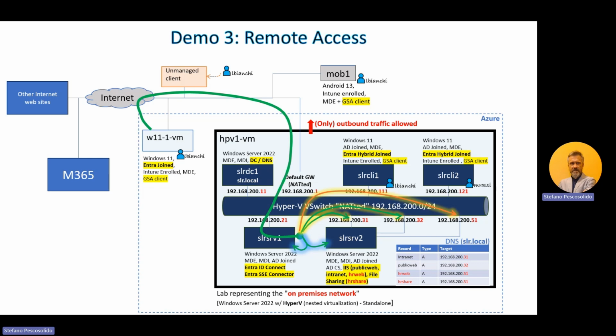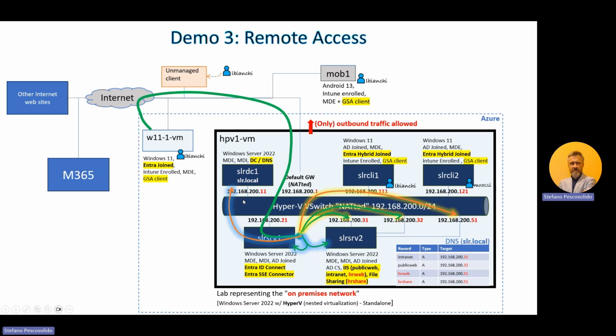So any user who wants to access that website needs to have an approved access to an access package. I'll show you exactly how it works. And on these same three IP addresses, I also have file shares. So the same applies when accessing file shares.